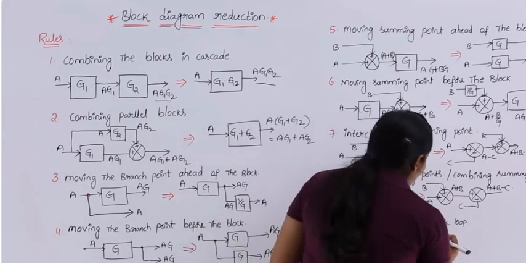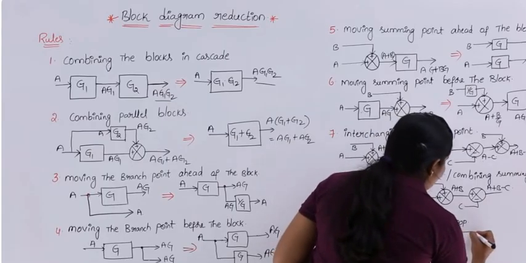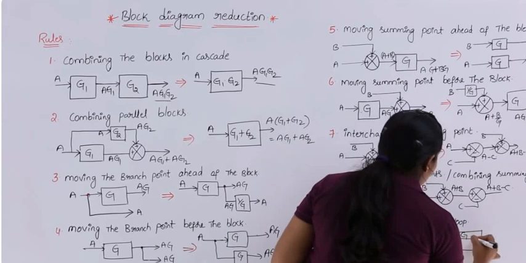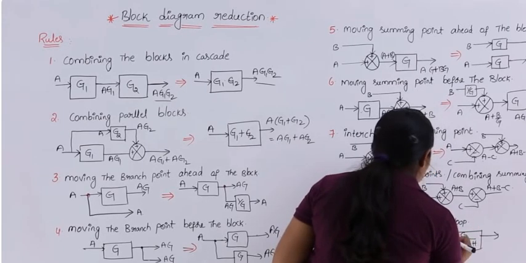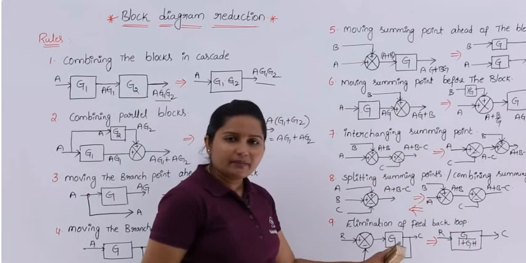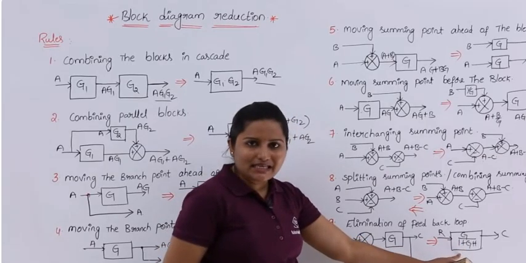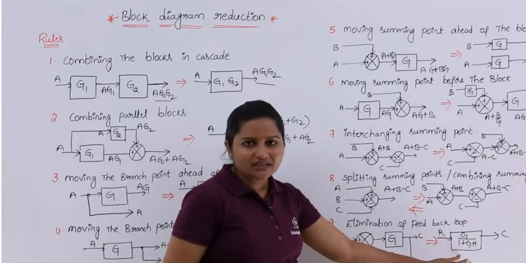So here we can modify this by using a single block transfer function G by 1 plus GH. This is the negative feedback gain. So this is R and this is C, and H is the feedback path gain, and we can make it a single block by reducing that feedback loop.